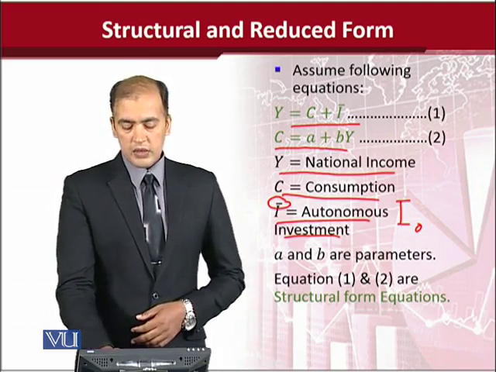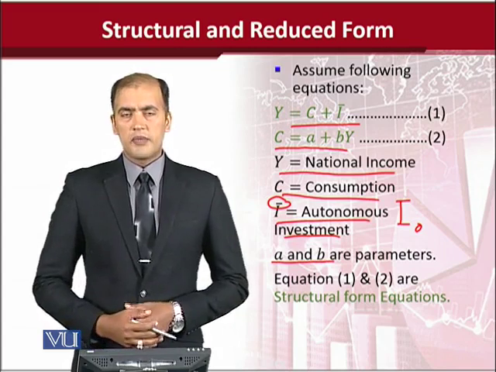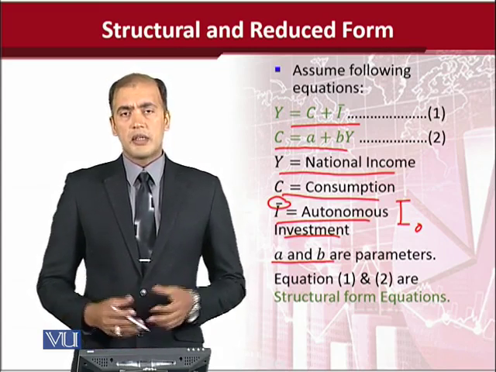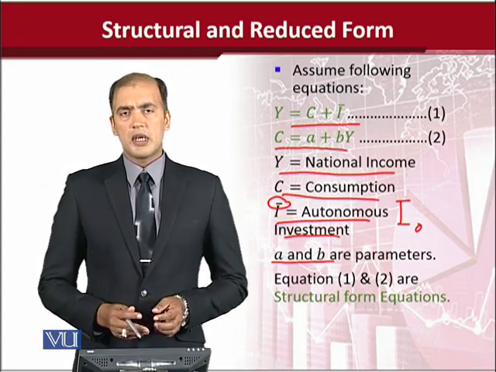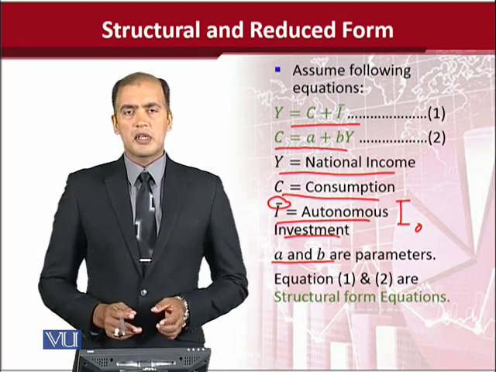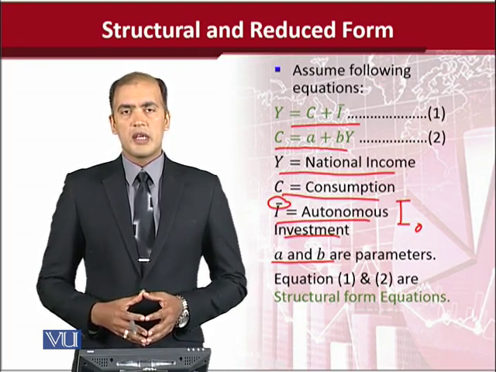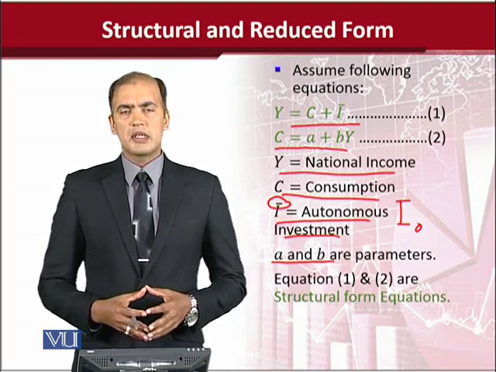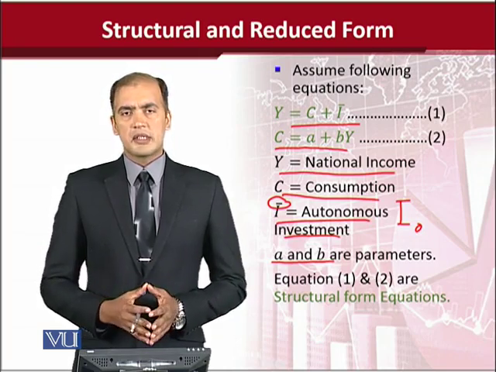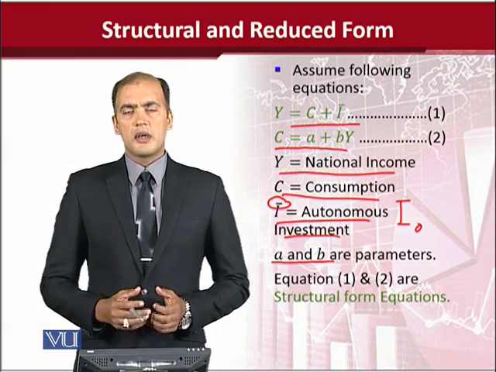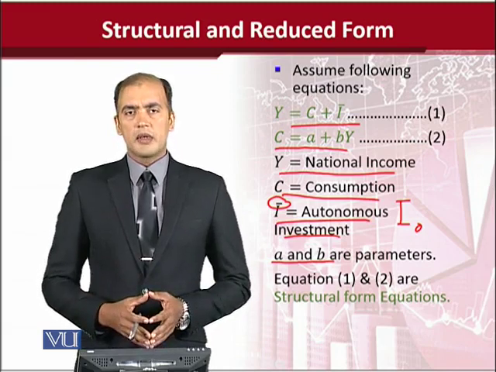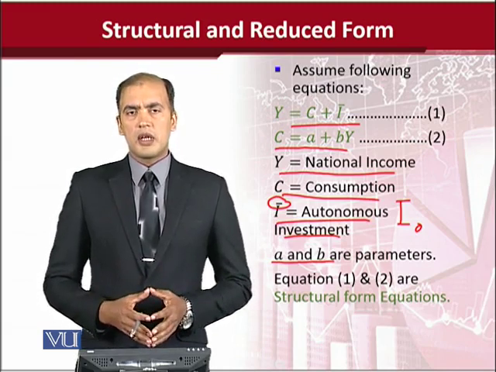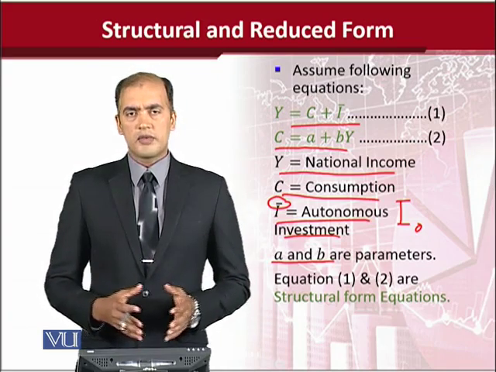Now, A and B are the parameters, or in other words, these are the variables that are constant. You know, there are various definitions that explain that parameters can change to a certain extent and not to any level. So, a structural equation is an equation that is explaining the structure of the economy.